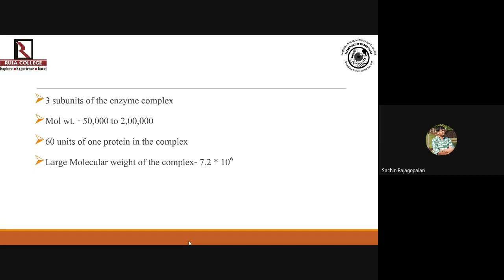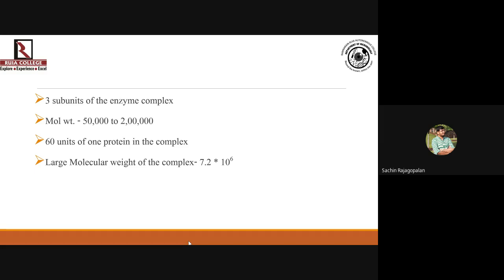It's a very large molecular weight complex, because the entire complex is going to have a molecular weight of around 7.2 into 10 raised to 6. That's the molecular weight of the entire complex. That obviously depends on how many copies of each enzyme unit are present.